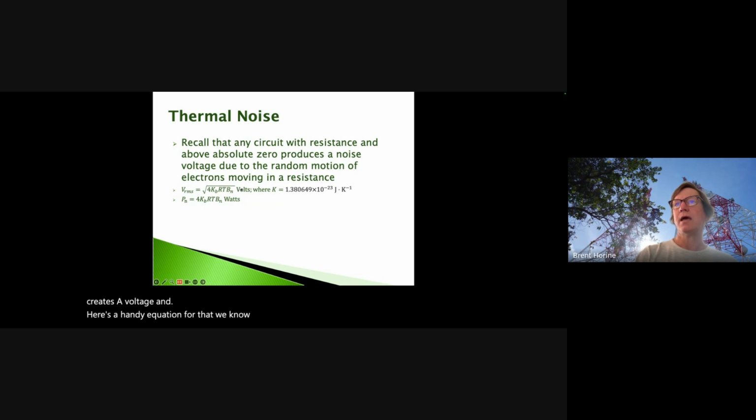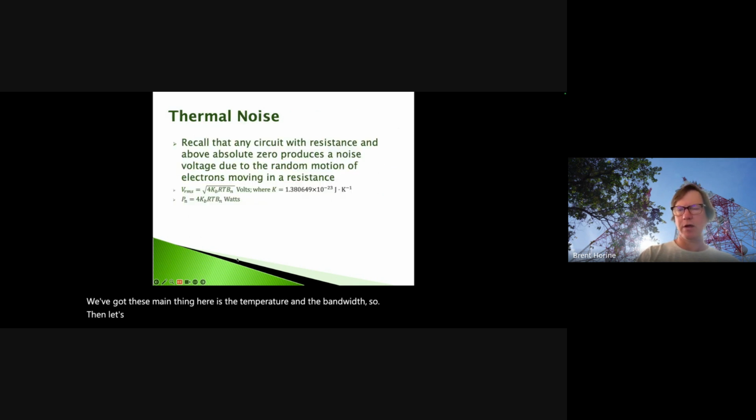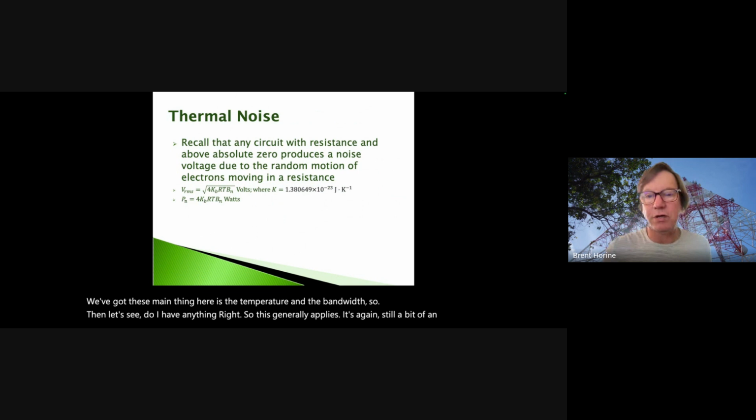We know that K is Boltzmann's constant, and the main things here are the temperature and the bandwidth. So this generally applies. It's again still a bit of an approximation, as we've talked about.